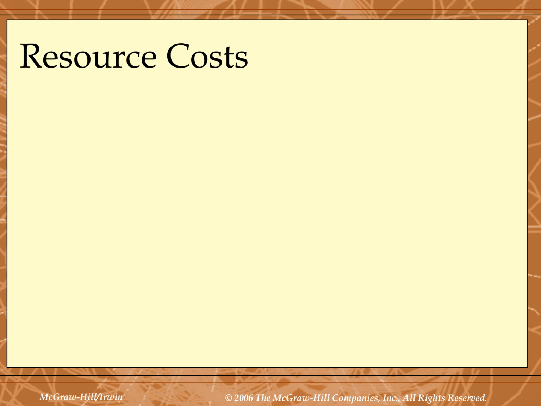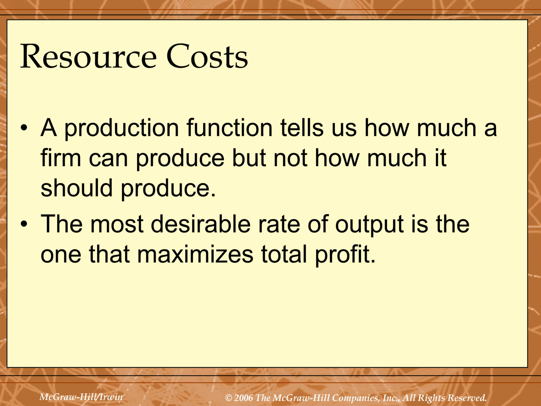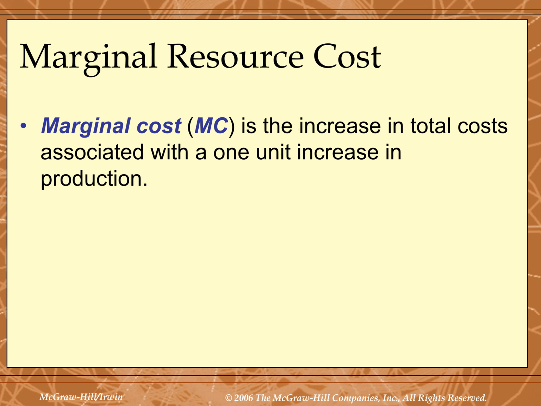So let's look at the costs we have to deal with. The first cost we're going to be talking about is marginal cost. Now, whenever you see the word marginal, marginal is a before and after analysis. What were my costs before I hired the last worker? What are my costs after hiring the worker?